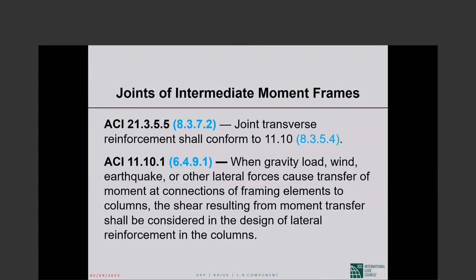So what it is saying is, you remember the moment transfer from slab to the column. That moment in the column will cause column shear, and that shear has to be designed for.